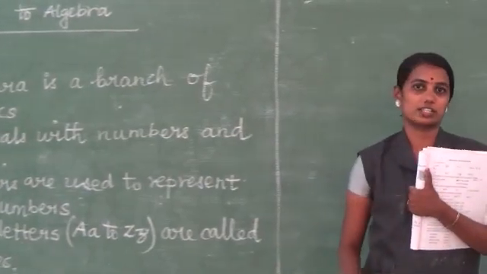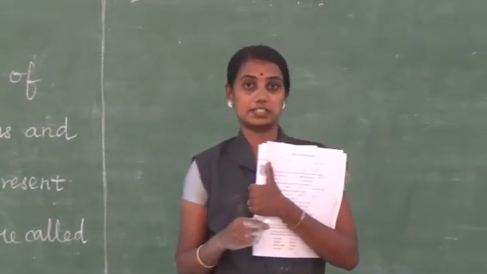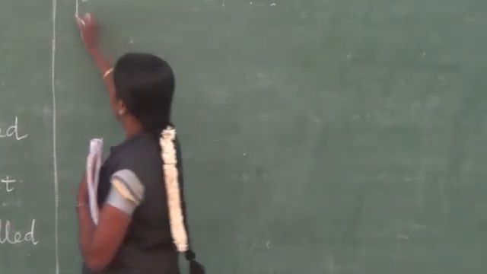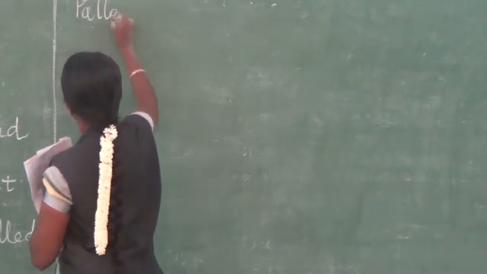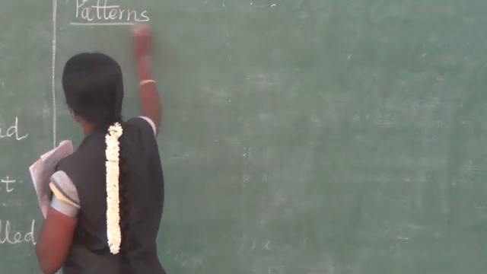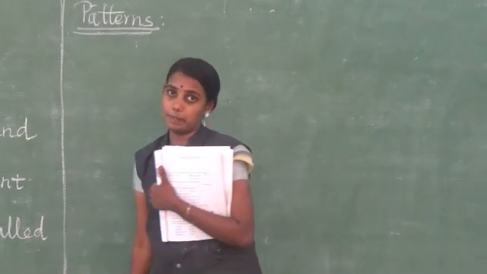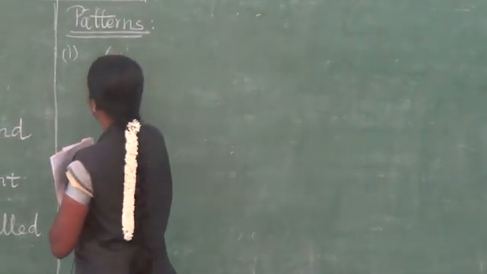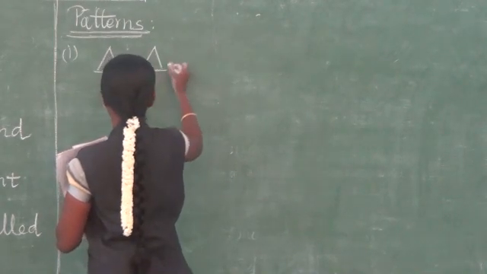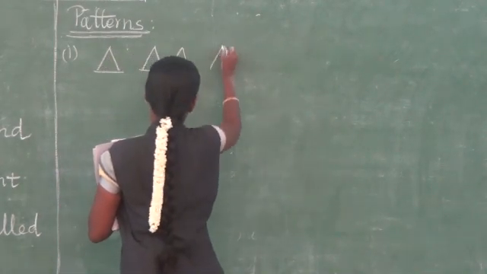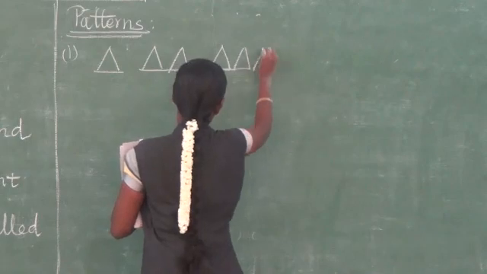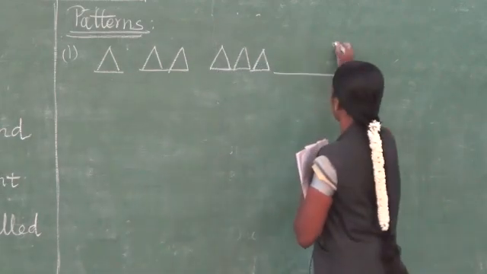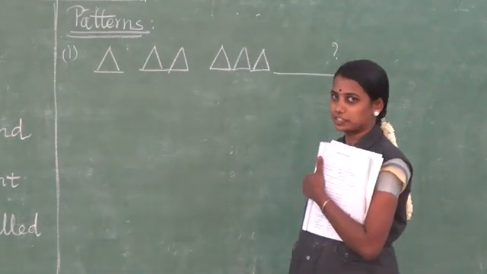Now listen to me. Before we go to the exercise, we go for puzzles. We are going to see a pattern puzzle. Observe the pattern and find the next pattern.